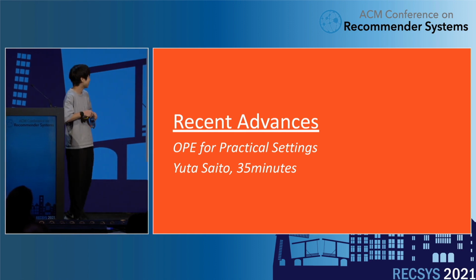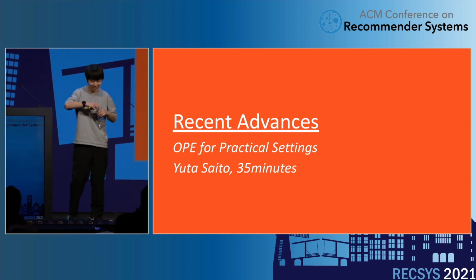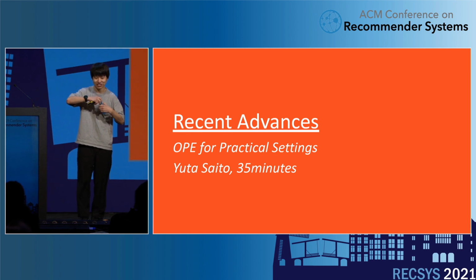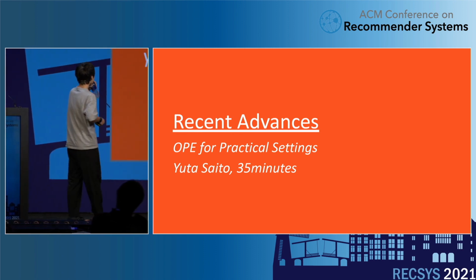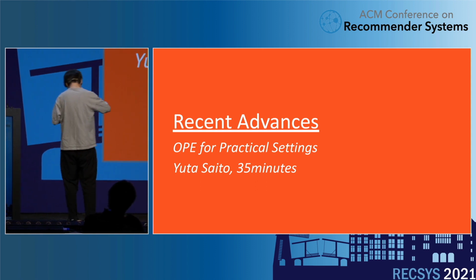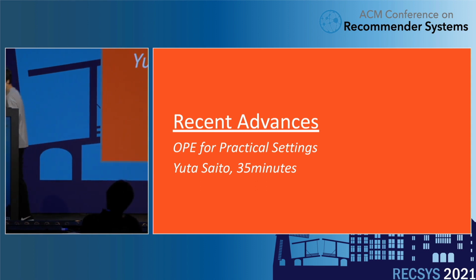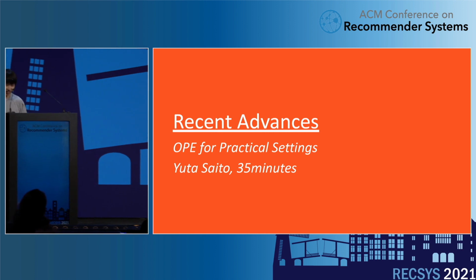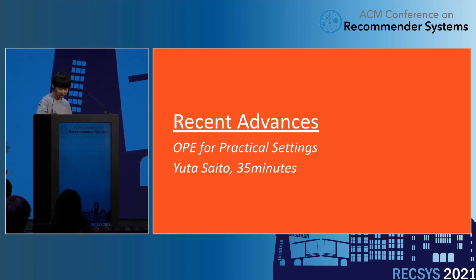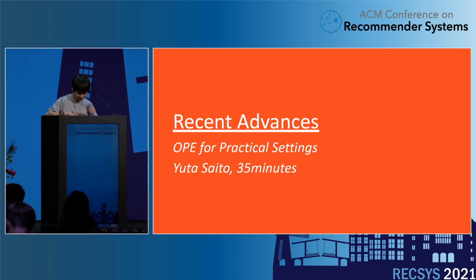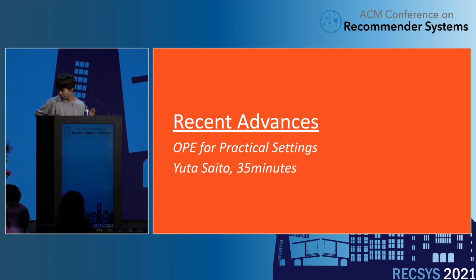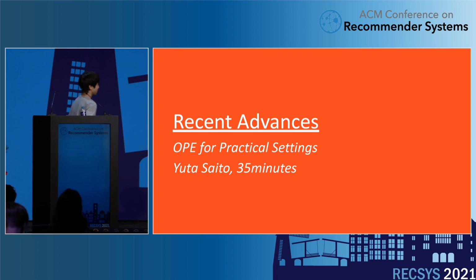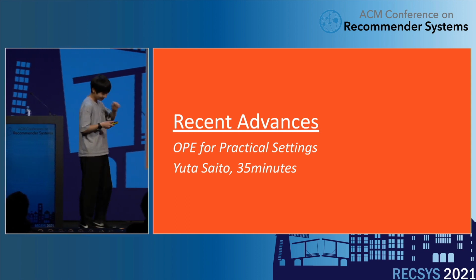Okay, so that's my first section. And the next section is going to be the final topic of the first half. So let me change my gear a little bit here, and let's see more recent advances in off-policy evaluation, or maybe off-policy evaluation for more practical settings.